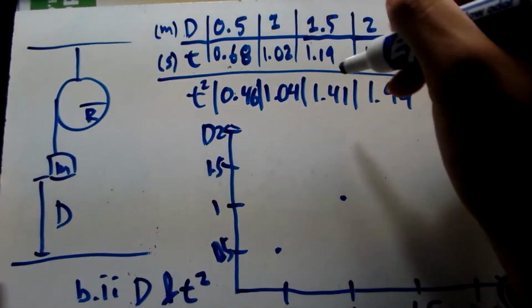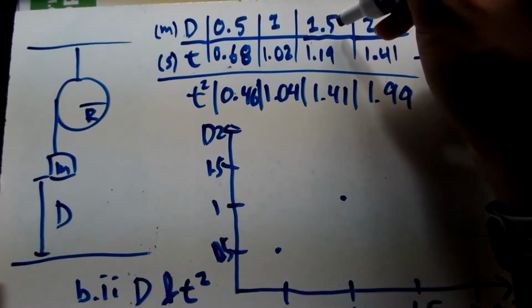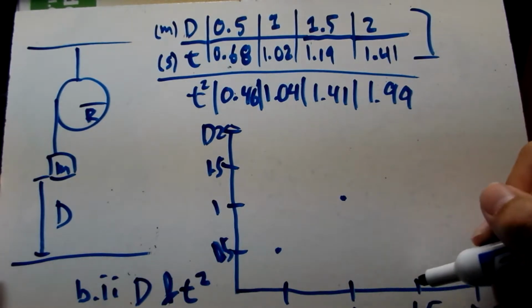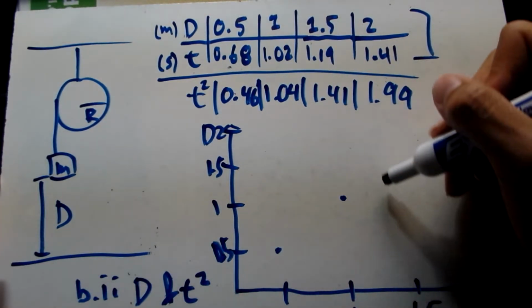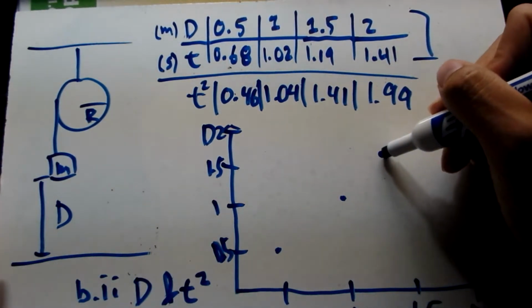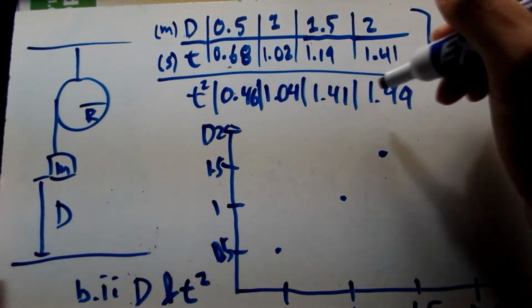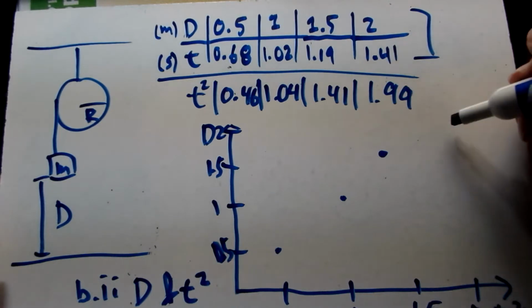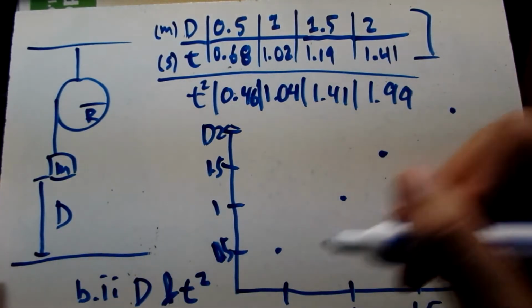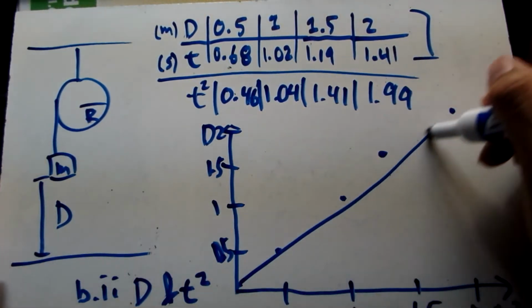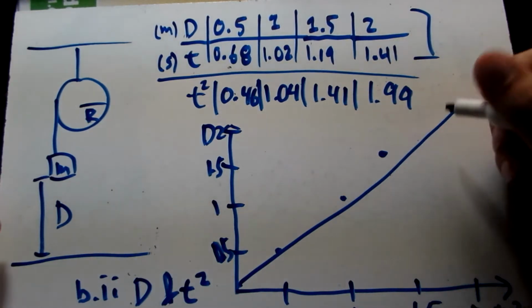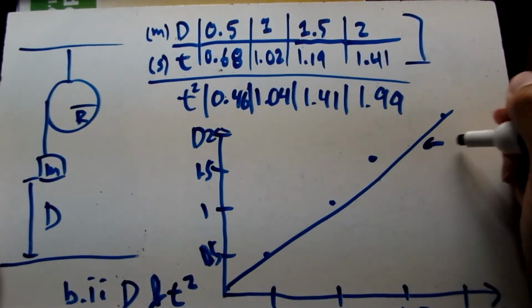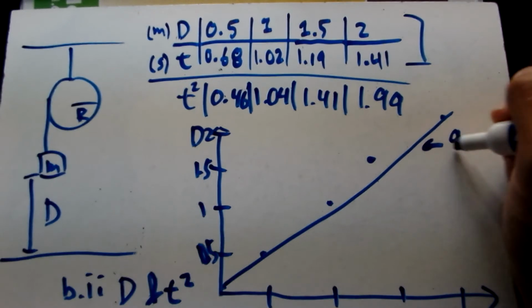Our next point will be 1.41, 1.5. And our last point will be 1.99, 2. And our best fit line will be right around there. This line will equal a over 2.